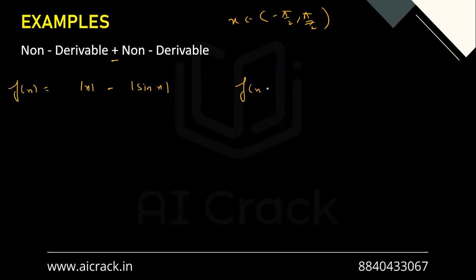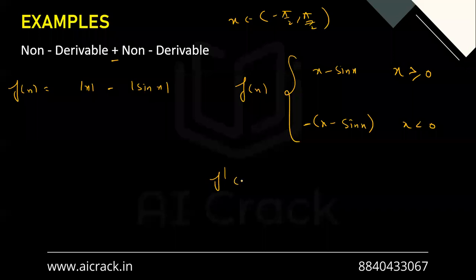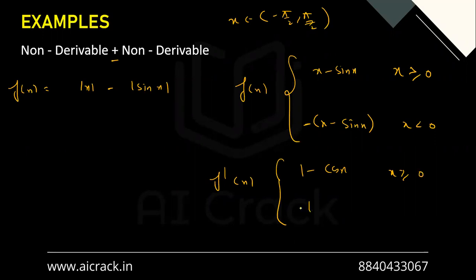So let's break it down. What we'll get over here, for x greater than or equal to 0, we'll be getting x minus sin x, because x is positive, and sin x and x both will open as positive. For x less than 0, we'll be getting minus of (x minus sin x), right? Now let's try to differentiate it. What we'll get over here, we'll get 1 minus cos x for x greater than or equal to 0. We'll get minus of (1 minus cos x) for x less than 0.